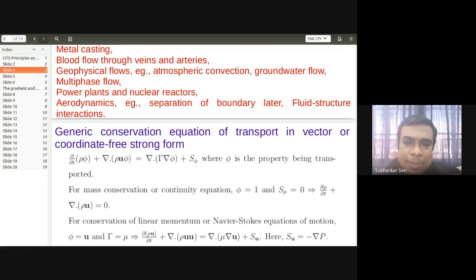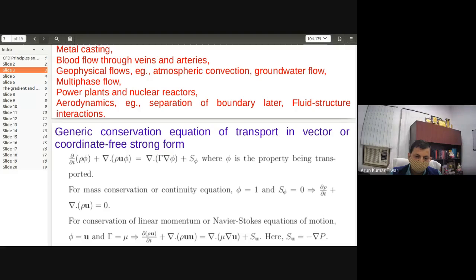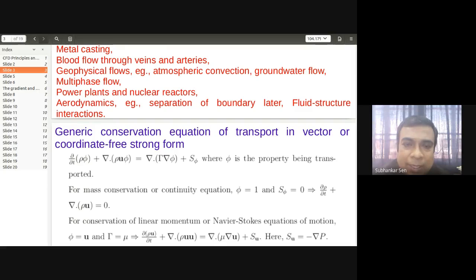So in this momentum flux, what is happening? We are multiplying u with u, and because of this it is becoming a nonlinear term. So if this is a nonlinear term, we cannot solve this equation analytically. Okay, so because of the presence of this nonlinear term, in 99.99% of problems we cannot solve these equations analytically.